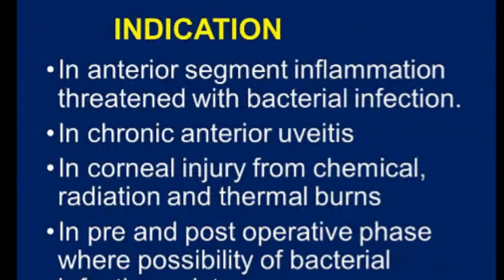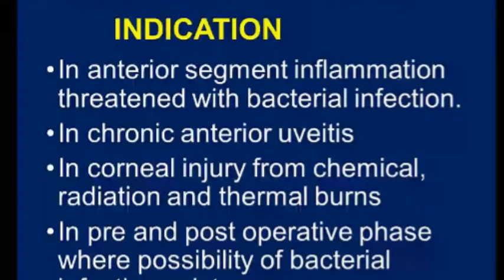So indications for steroid antibiotics are anterior segment inflammation treated with bacterial infection, chronic anterior uveitis, and cornea injury from chemical, radiation and thermal burns. Take note, cornea injury from chemical, radiation and thermal burns, not foreign body removal or corneal ulcer.